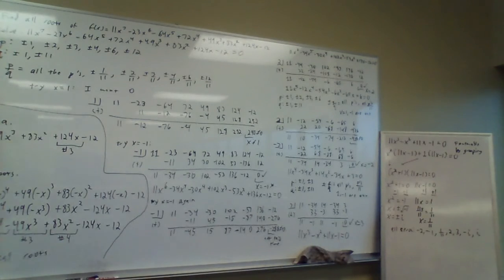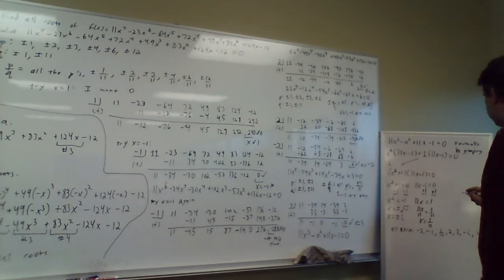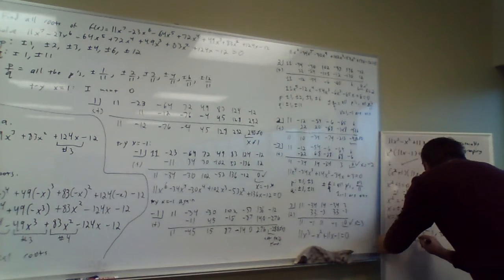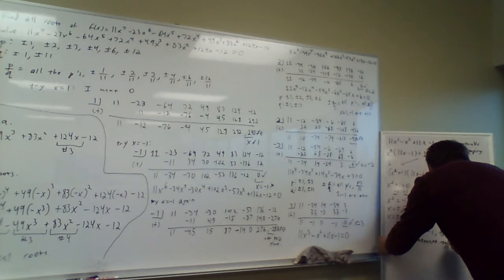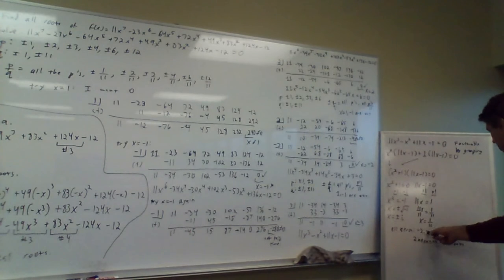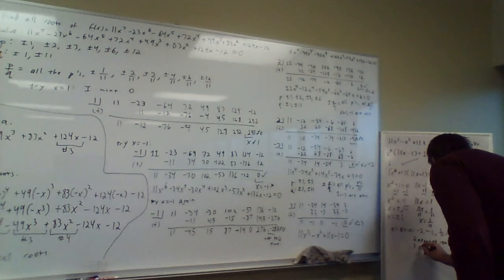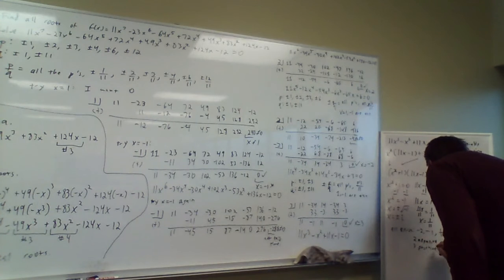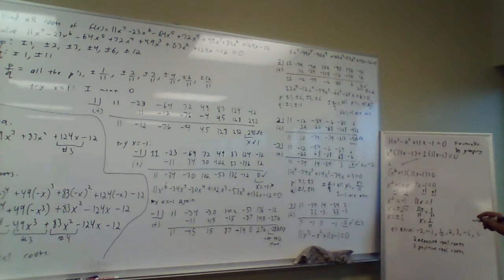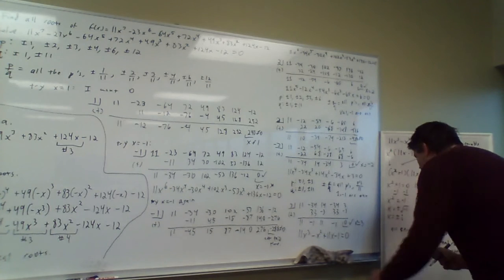Now, going back to the Descartes rule of signs, there were 2 negative real roots. These 2. There were 3 positive real roots, and there were two imaginary, or two non-real roots.